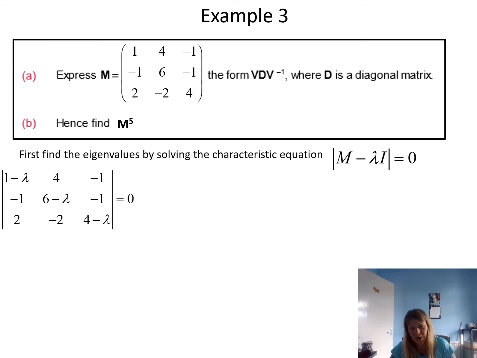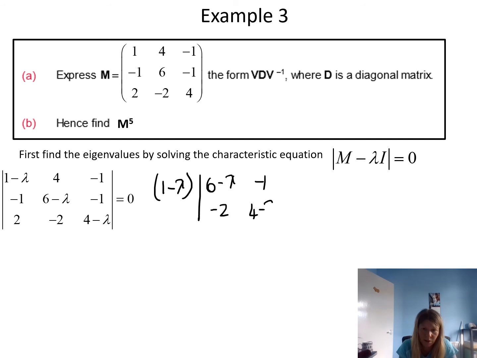There it is. So we need to find the determinant of that thing, and we need it to be equal to 0 because it's not allowed to have an inverse, if you remember. Anyway, so here we go. I've taken lambda off the diagonals because I've just put that minus lambda I in. So you have to expand this little beast. You've got 1 minus lambda, using the top row, times the matrix 6 take lambda, minus 1, minus 2, and 4 take lambda.